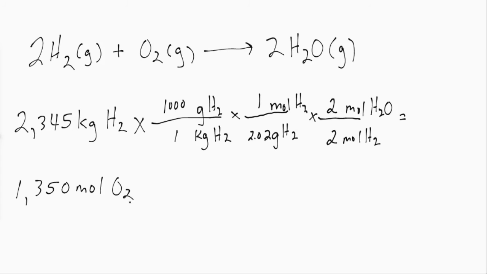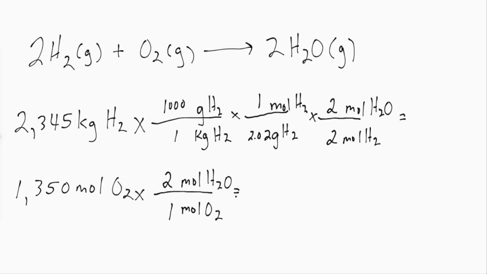Okay, let's set up this problem. Bring down your moles of oxygen. This one's actually going to be very easy. Where should we go to now? We can go right to moles of H2O. We look at our coefficients. 1 mole of oxygen, according to the balanced chemical equation, makes 2 moles of water.